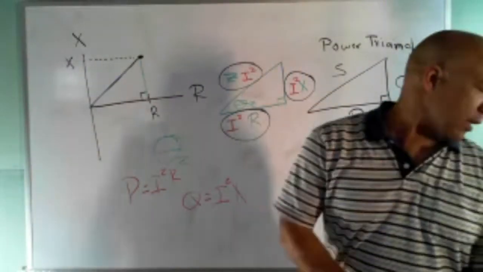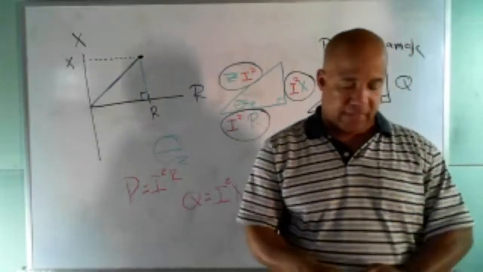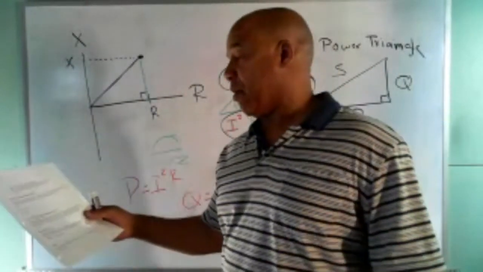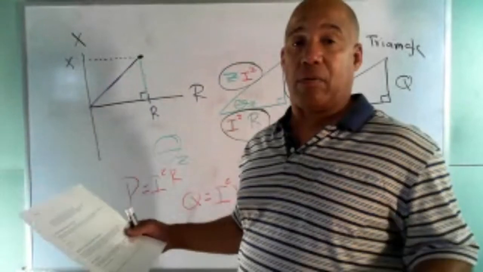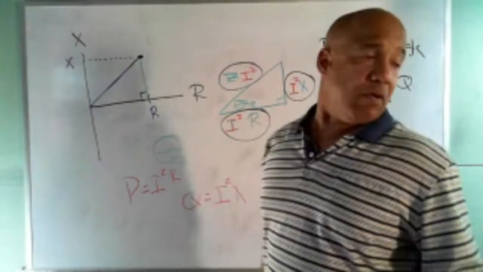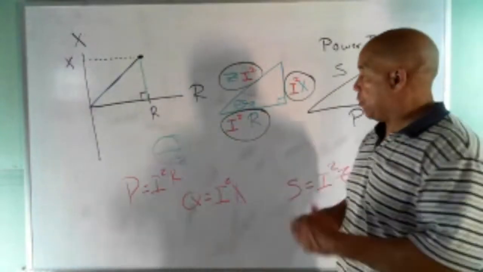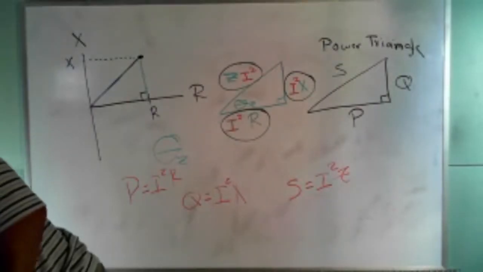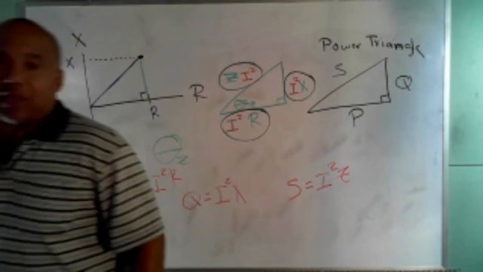And that's what they mean on this paper. It says that apparent power is determined by the power triangle. So if I want to know the apparent power, I got to use the power triangle. So what do I mean by that? Well, you know that anytime I have a right triangle, now I can use the Pythagorean theorem.